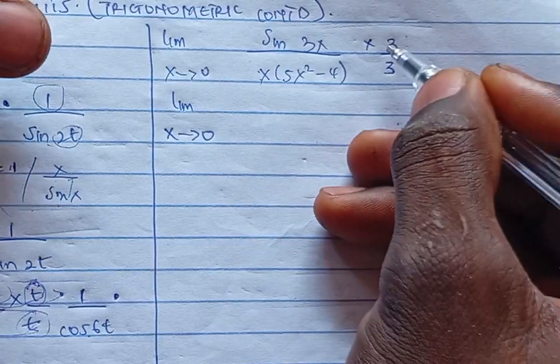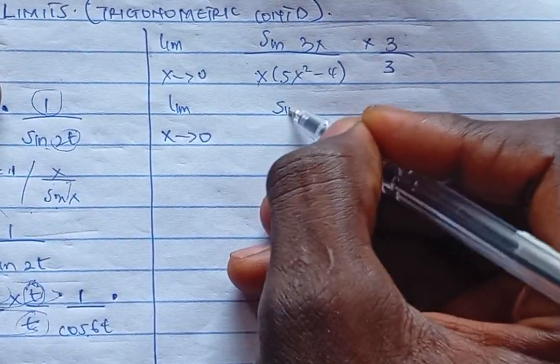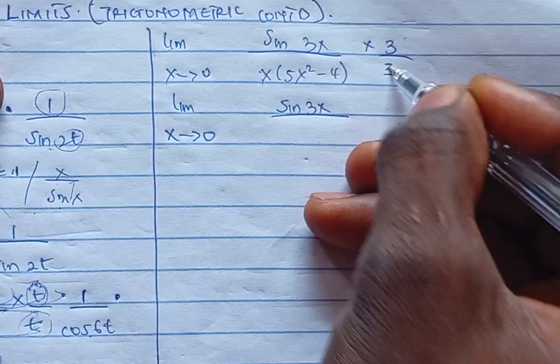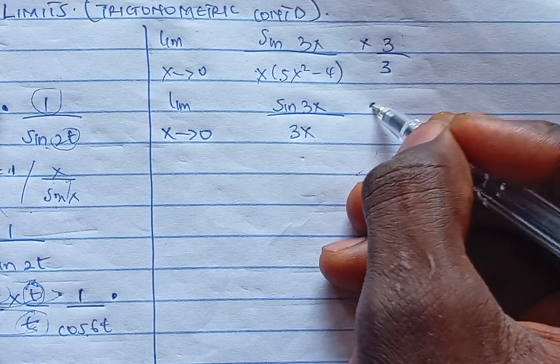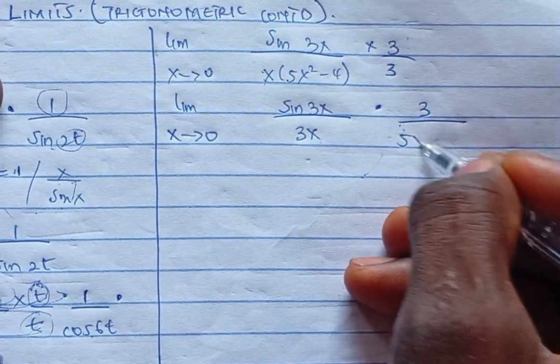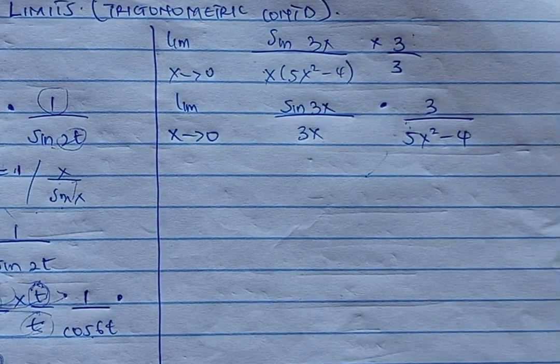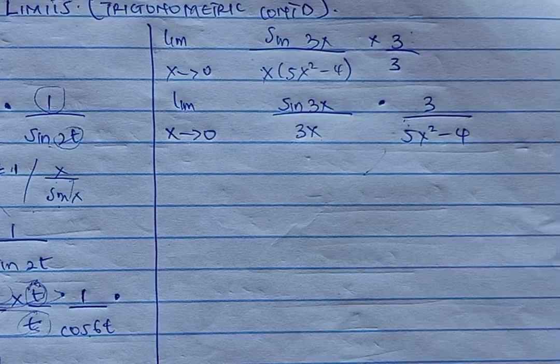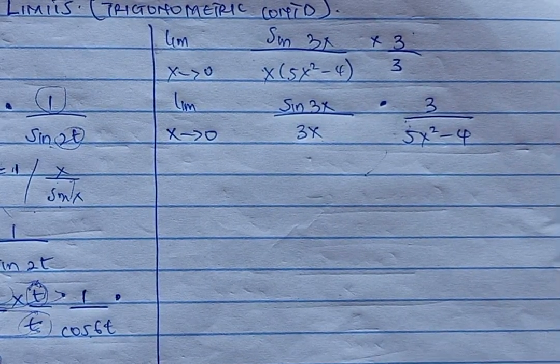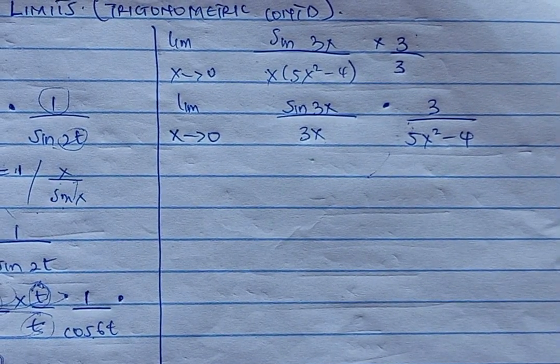So I will say sine 3x over, bringing this 3 to x, multiplied by 3 over 5x squared minus 4. Can you see now? 3 over 5x squared minus 4.